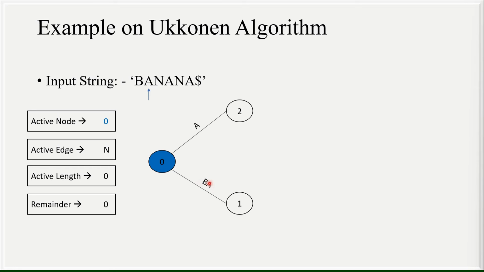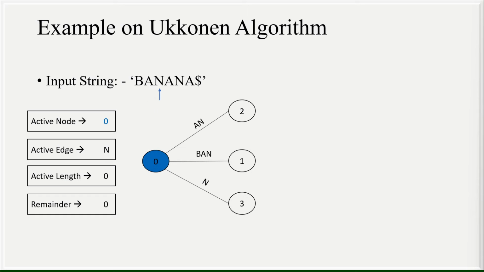So BA again gets added here, and the new character will get a new edge, a new node, which is A. Similar for N. Once we get N, the new edge for N will be this one, and BAN. So basically BAN will be the original. So 1, 2, 3.